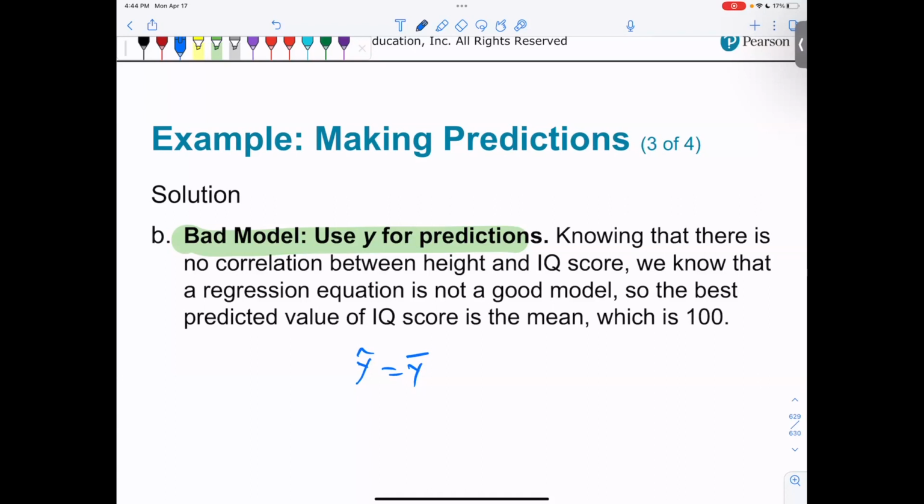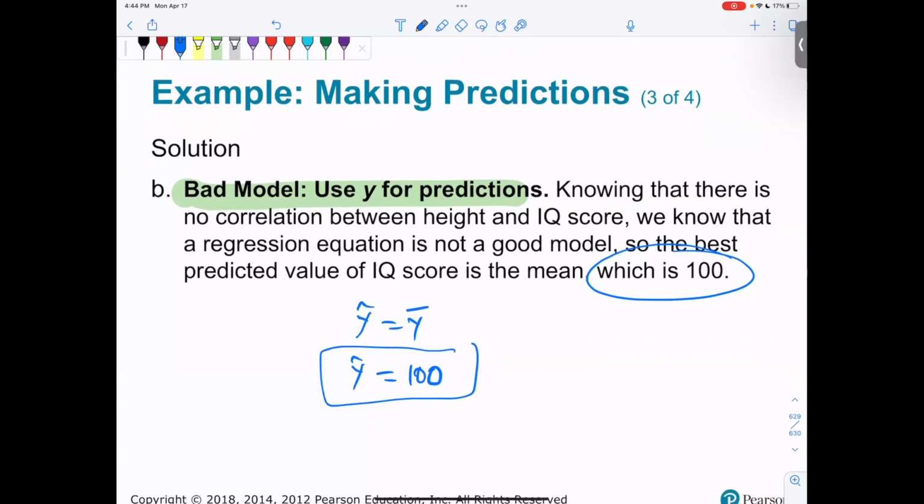So if we did say y bar equal to 100, then y hat will equal 100. No matter what. So now all the time we will use y hat equal 100. If I give you x equal to 150 centimeters or even 210 centimeters, it's the same. Okay.